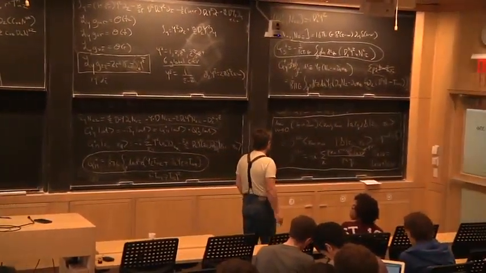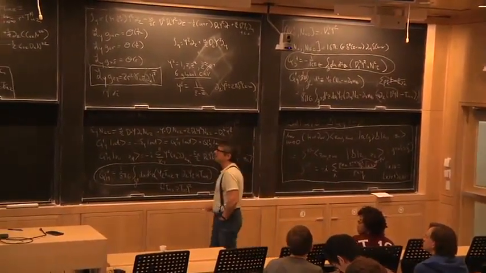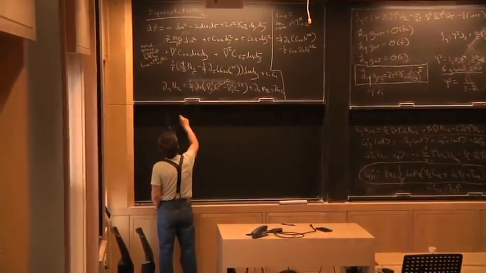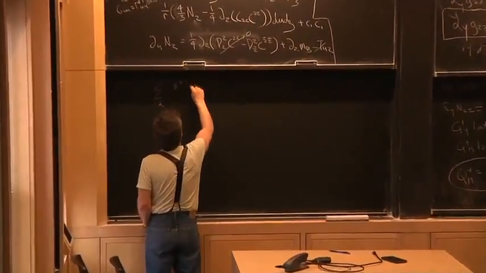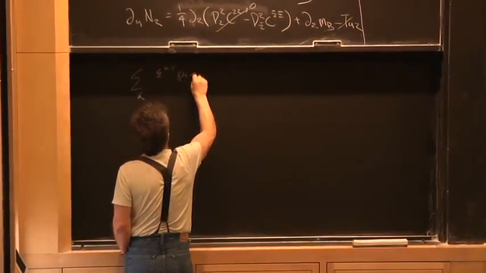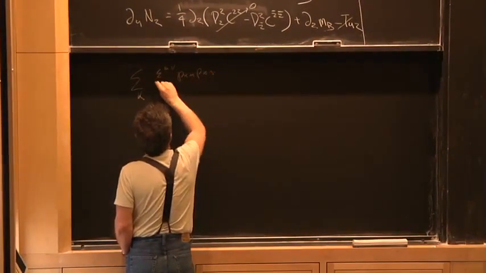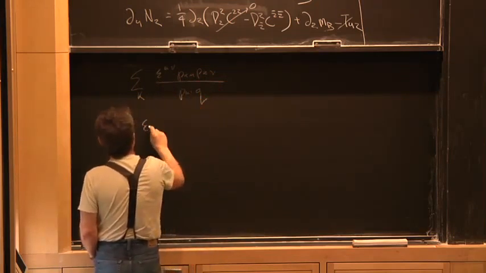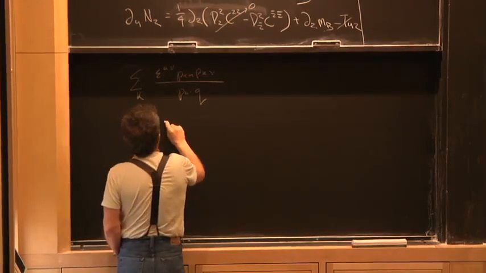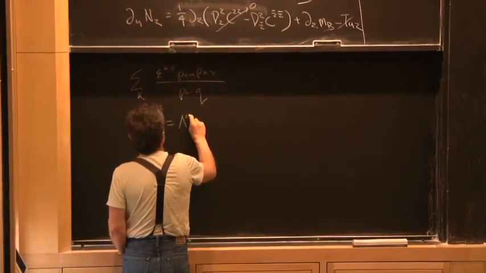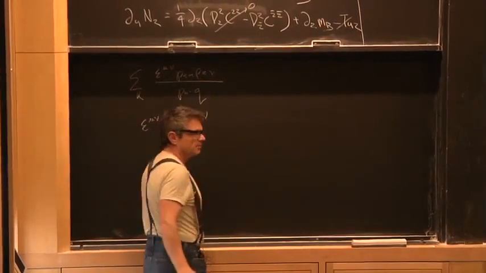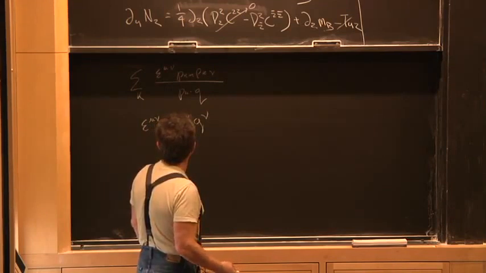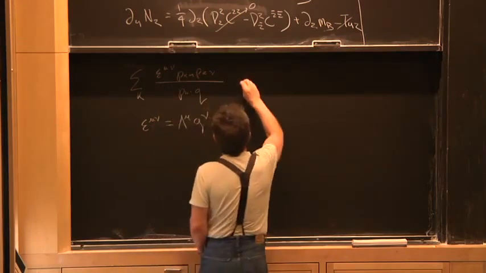was that it didn't change if you take, let me just remind you, we had the sum over k of epsilon mu nu pk mu pk nu over pk dot q. And so if we write epsilon mu nu equal to lambda mu q nu, in other words, a pure gauge graviton, the soft factor should vanish, and indeed it does.